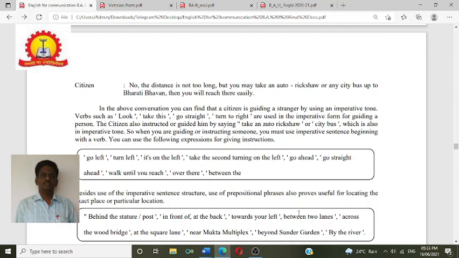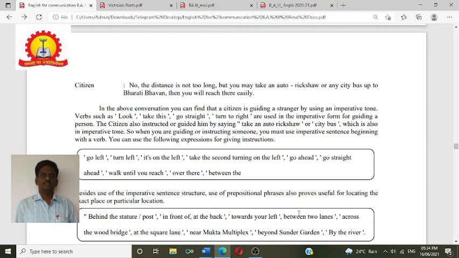We also saw several examples of prepositional phrases and imperative sentences. I don't think we should give more weightage to these two points, because we have already learned them in our schooling, as these are very basic things of English grammar.